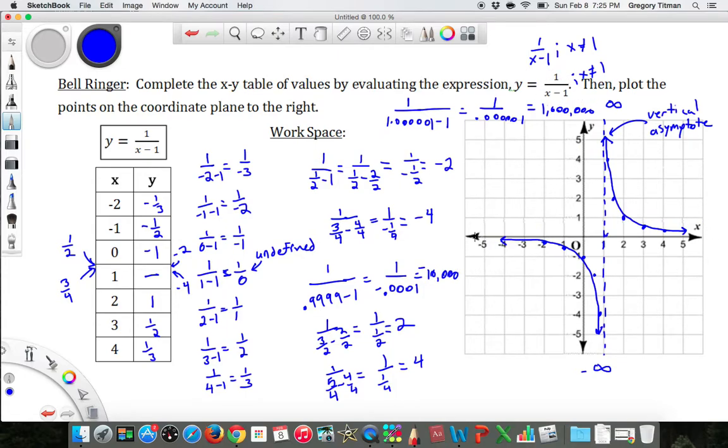So there's actually a second asymptote for this function that occurs right along the x-axis where y equals 0. And if you haven't guessed it yet, this is known as the horizontal asymptote.